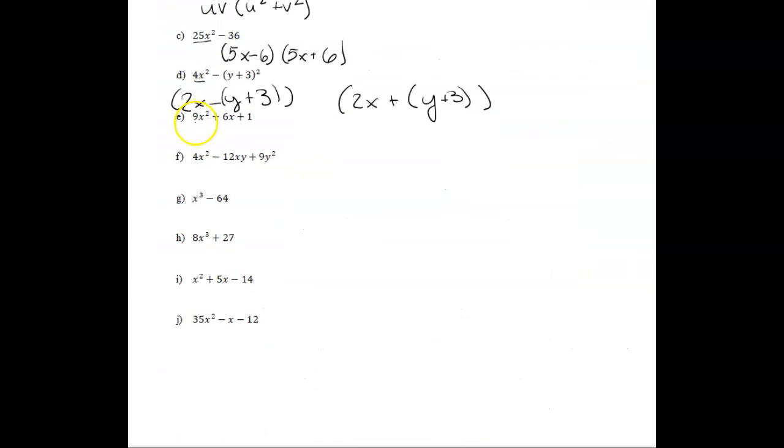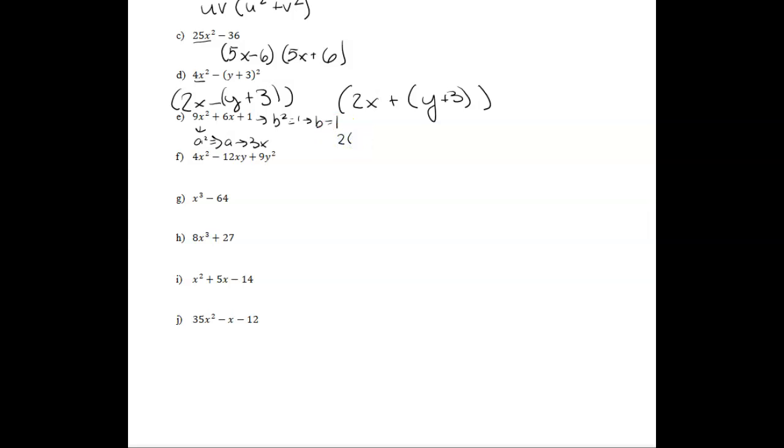So my a in this case would be just 3x. My b then is going to be 1, so I'm going to see if that middle term is 2ab.